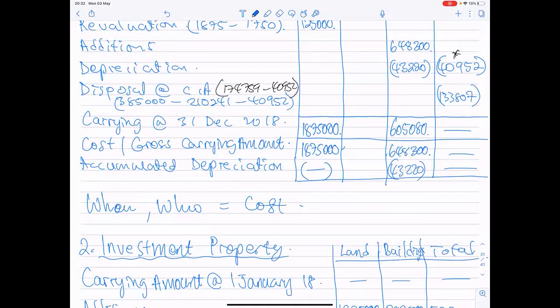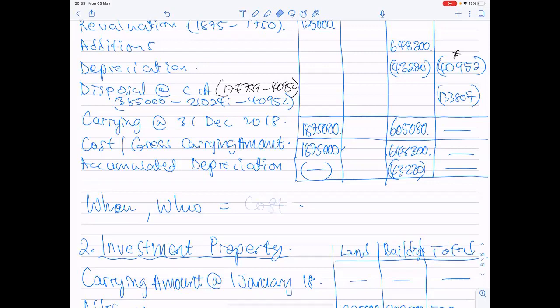Then remember, we said we are supposed to disclose when, who, and the cost.